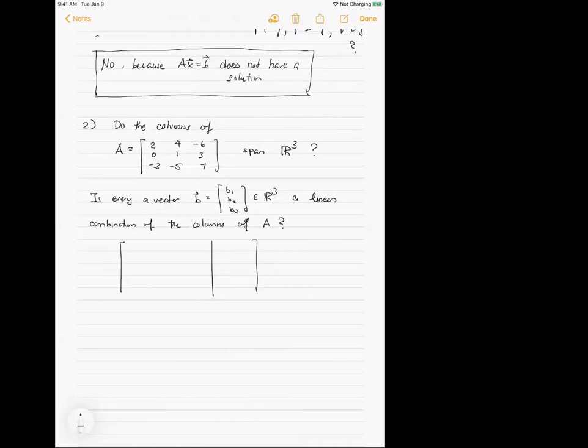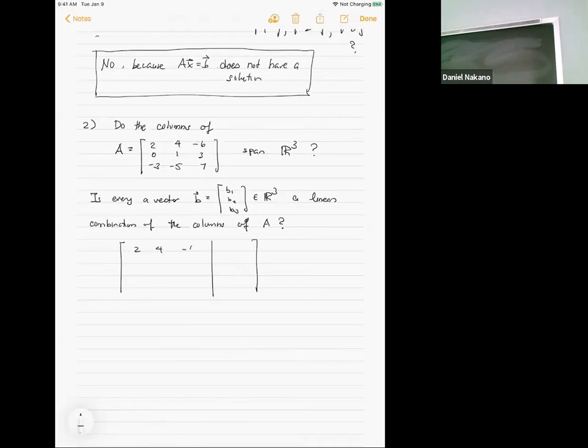A. A, good. 2, 4, minus 6, 0, 1, 3, minus 3, minus 5, 7. And then here I'll just put B1, B2, and B3. So to see whether B is a linear combination of the columns of A, I just have to try to solve this system of equations. Okay? All right.